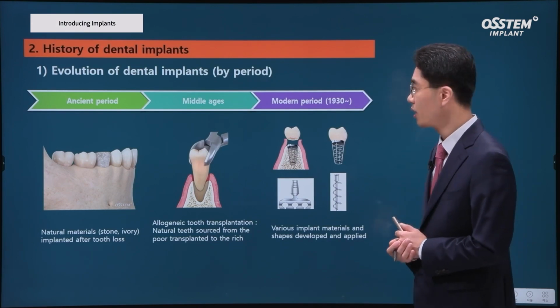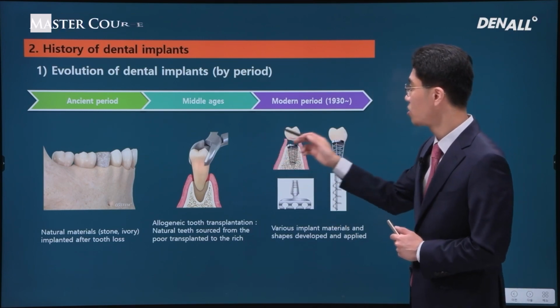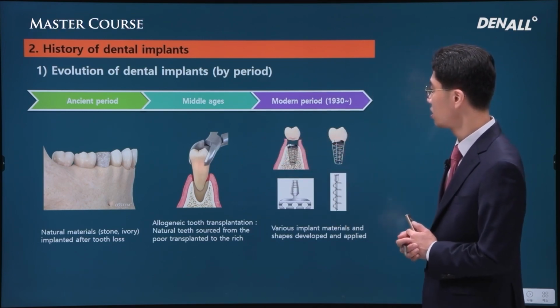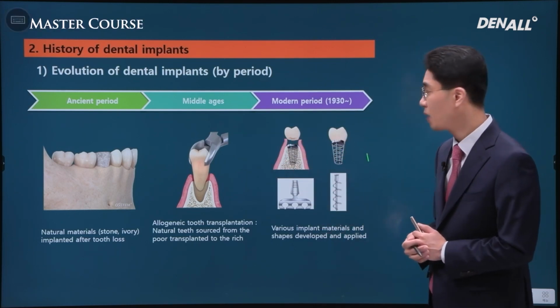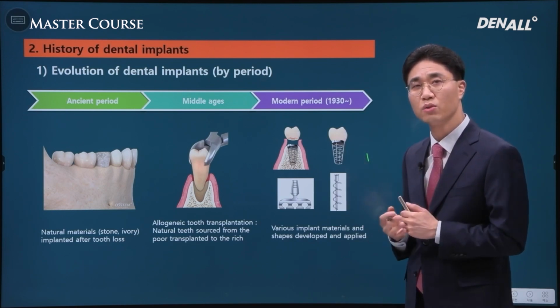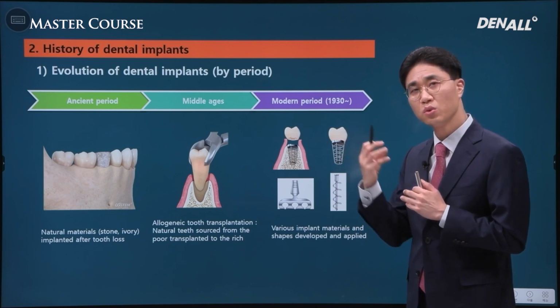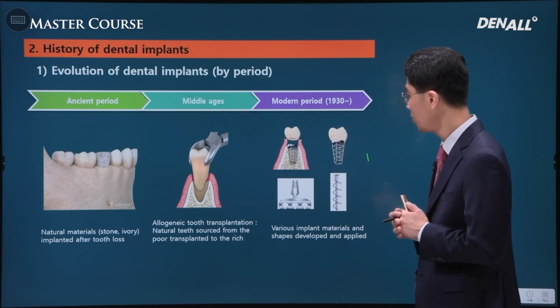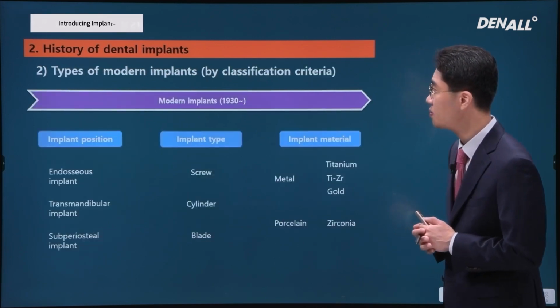Such attempts have been made from very early on. Through medieval and modern times, and to today, various methods have been used to overcome missing teeth. Many people have used different artificial materials and placed them within alveolar bone and proceeded with prosthetics.